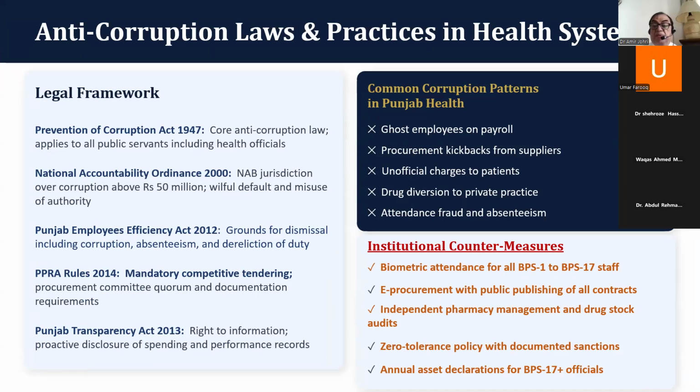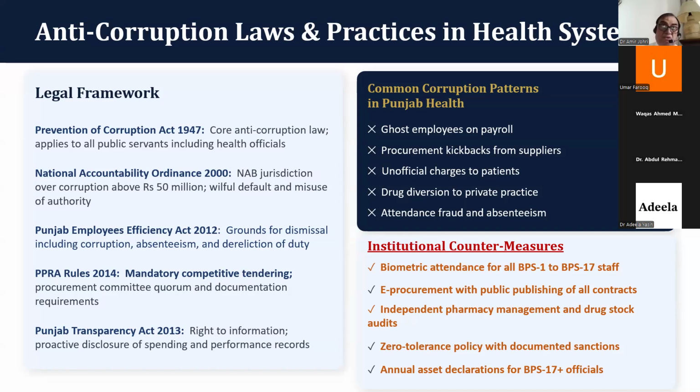Independent pharmacy management and drug stock audits. You need to look into the audit system of the pharmacy, how you manage it at the bigger hospitals, with the pharmacists and with the other administrators. Zero tolerance policy with documented sanctions. We should not tolerate it whenever somebody deviates from the policy, when something is forbidden and people are still doing it.